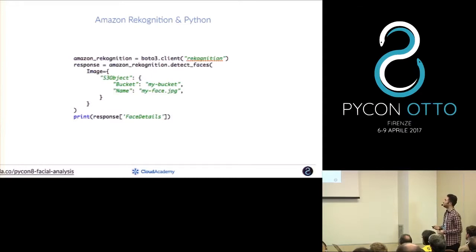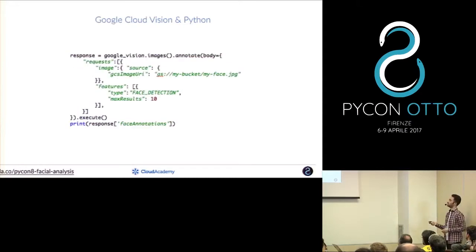It's not too bad. Same with Google. It's almost the same code. It's Google Vision images.annotate. This is a bit more powerful. You can annotate multiple images in the same API call. It's sometimes interesting if you have a big data set to get started with. It's the same. You store your face in a Google Cloud Storage bucket. It's almost identical to Amazon S3. And then you specify which features.